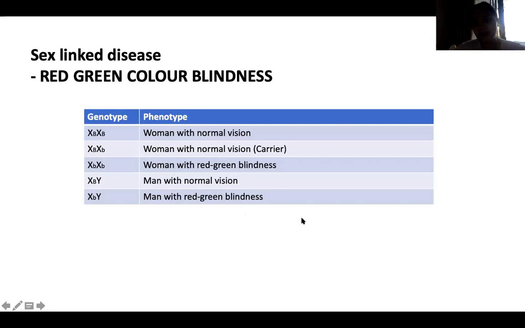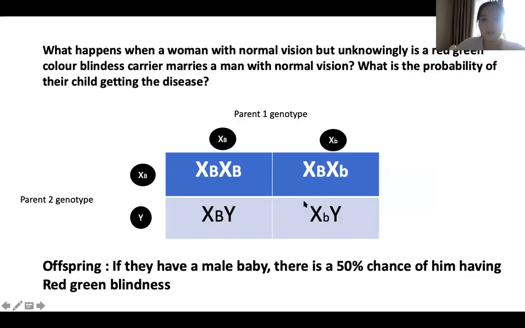So let's do this test cross. What happens when a woman with normal vision, but unknowingly a red-green color blindness carrier, marries a man with normal vision? What is the probability of their child getting the disease? Write down your chromosomes. Parent one, the mother: X big B, X small b.